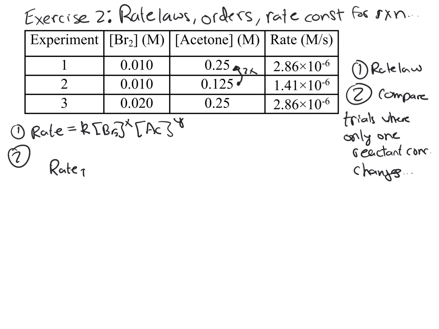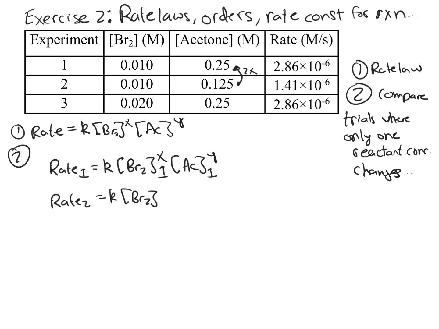Rate 1 is equal to K times the concentration of Br2 in trial 1 to some unknown power X times the concentration of acetone to some unknown power Y in trial 1. And then on the bottom, I'm going to put rate 2 is equal to K Br2 in trial 2 to the X times AC in trial 2 to some unknown power Y.